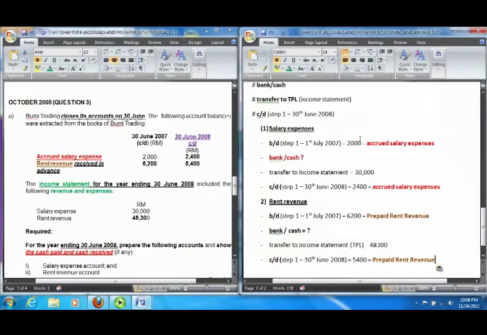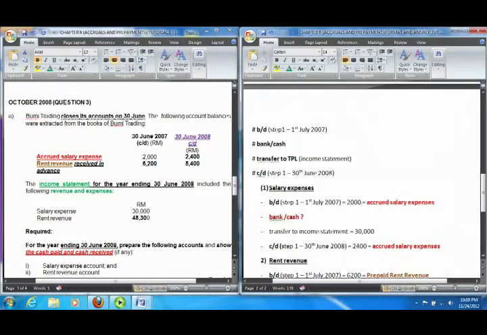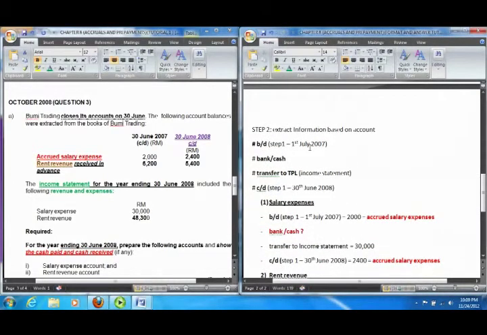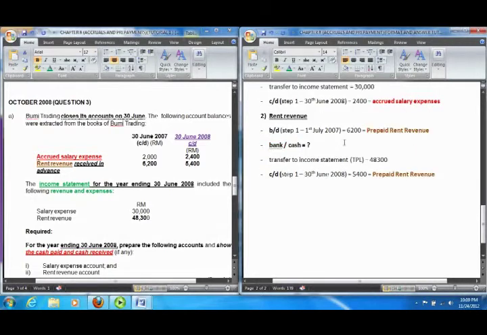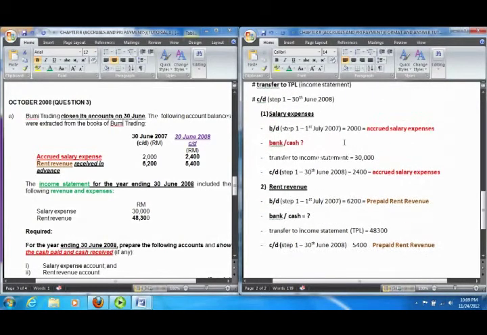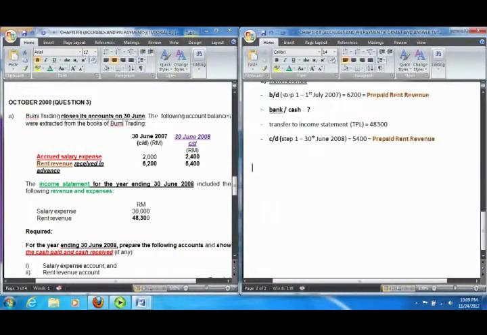Okay, now we have all the information. Correct class? We have all the information. Salary and revenue. Now we can open the T account. Step 3. Open account.